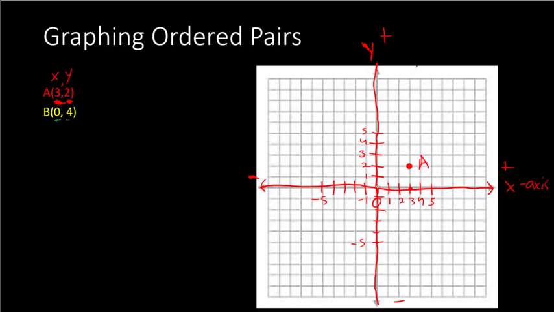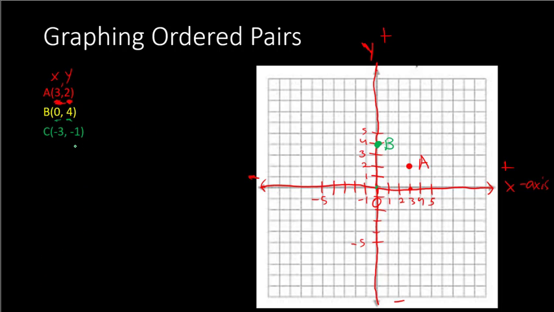So for x, we're going over 0, which would just be right here at the origin. And then y is 4, so that means we go up 4 in the positive direction. We go up 4 over 0, that takes you right here to point B. Can you see that? Right there is point B.